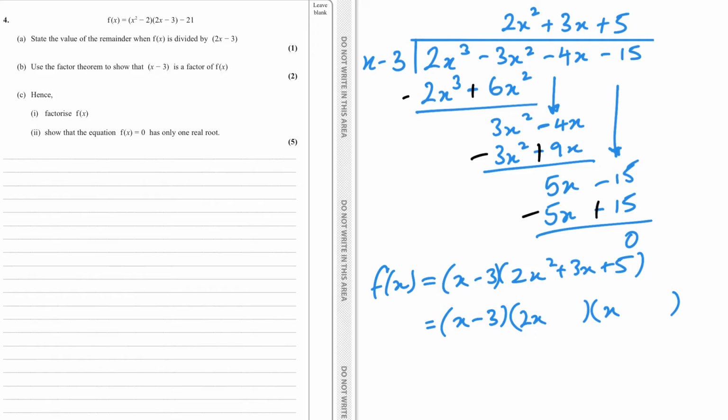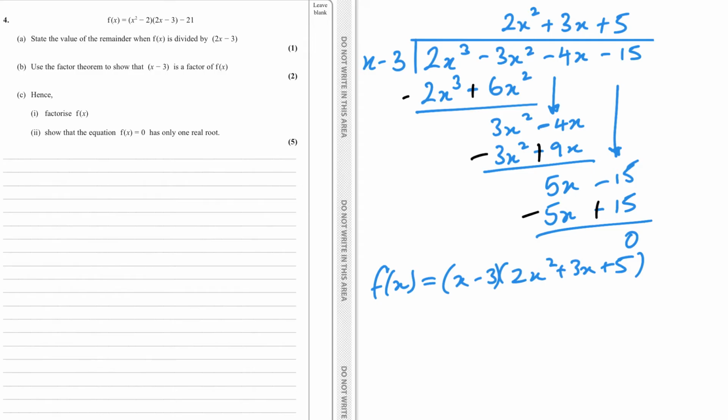It needs to be a 1 and a 5. So 5 here and 1 there. And actually scratch that, because this isn't going to factorize. So I'm just going to rub that out, and we can leave it as it is there.